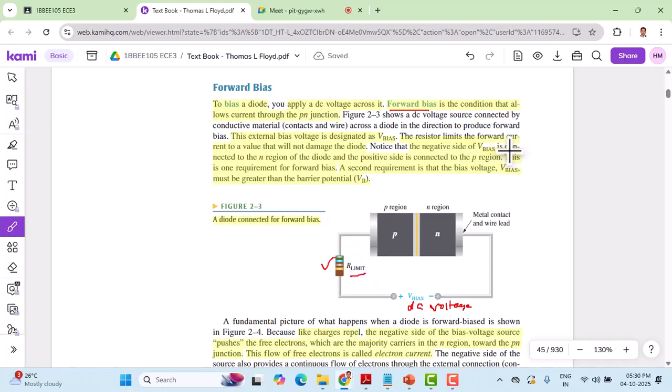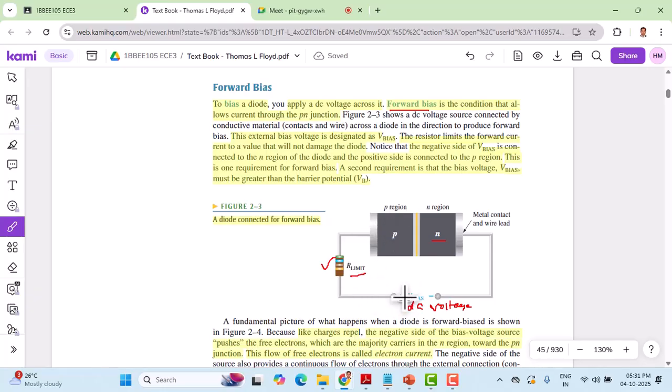The negative side of the V bias is connected to the N region of the diode. You can see that the negative side of the DC voltage, or V bias, is connected to the N region of the diode. And the positive side of V bias is connected to the P region via this resistor. This is a requirement for the diode to be forward biased.